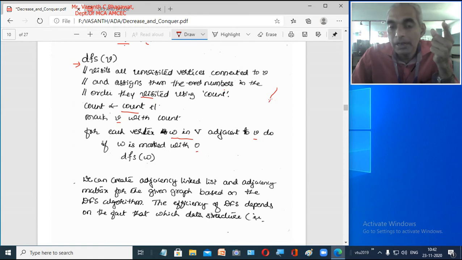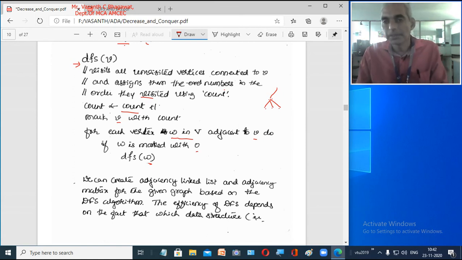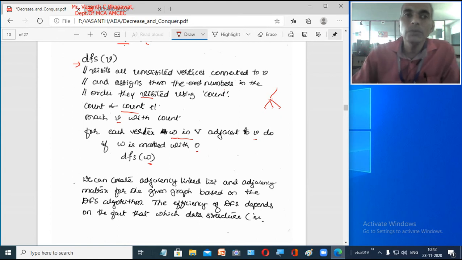Out of these adjacent nodes, the W, you take one node W chronologically and check whether it is visited or unvisited. If it is marked as 0, meaning unvisited, then you pass that node to this DFS algorithm again. It keeps on doing this in a recursive manner.